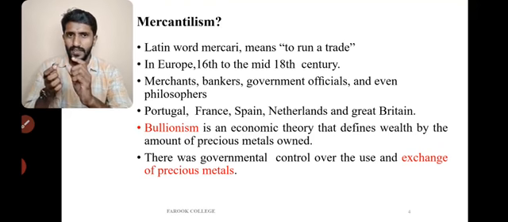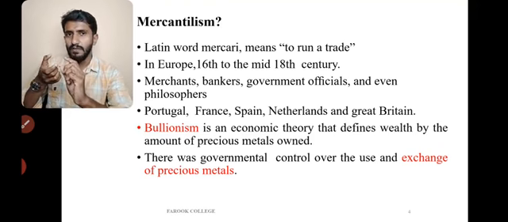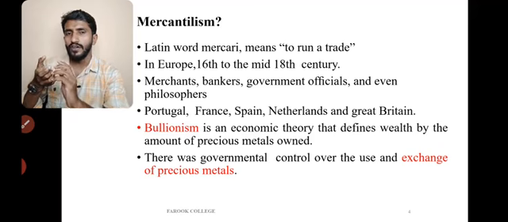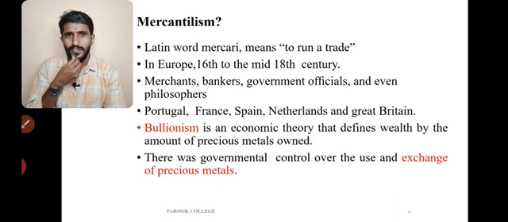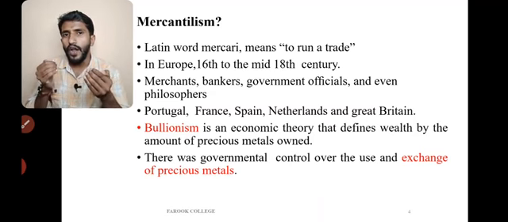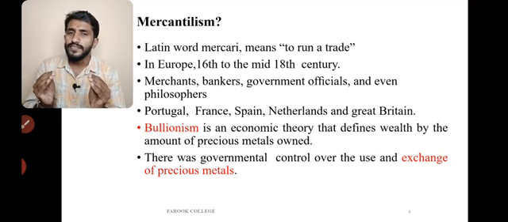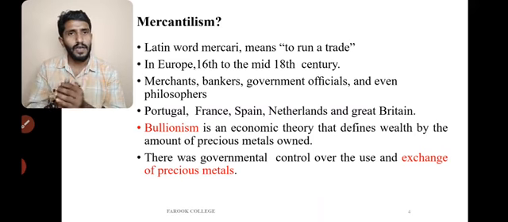So bullionism means your wealth is determined according to your holding of coins. If you hold more coins, then you are rich. This is the case for a country also. If one country is holding more coins, more bullion, then this concept says that they are very rich.